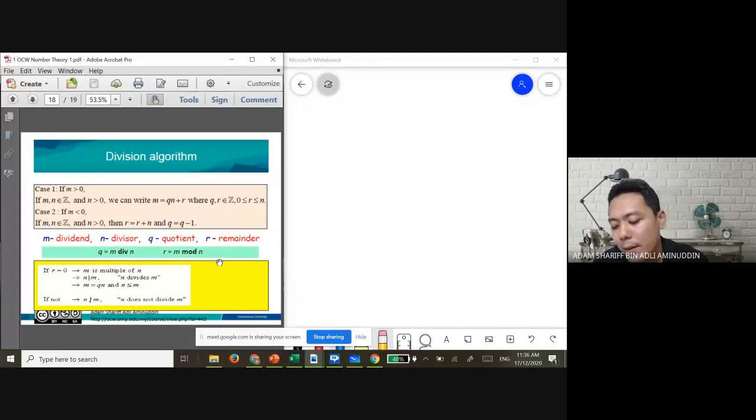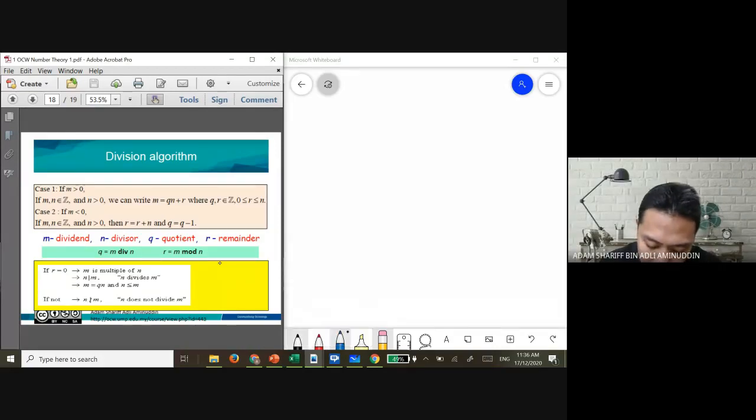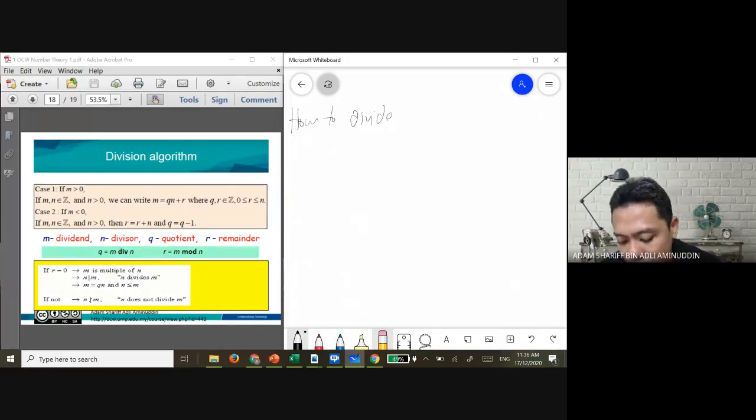Okay, we start with the fundamental first. How to divide? We take 18 divided by 3.